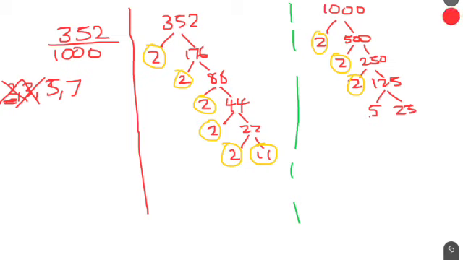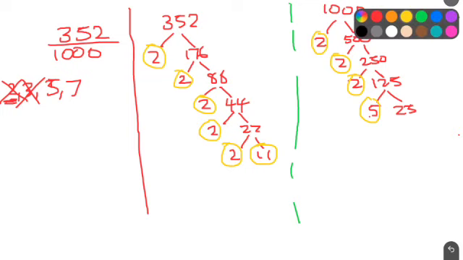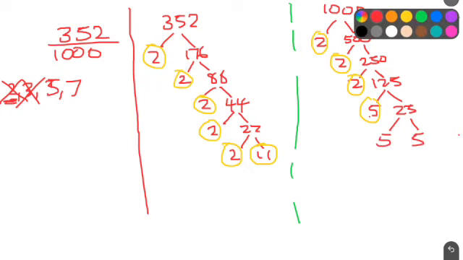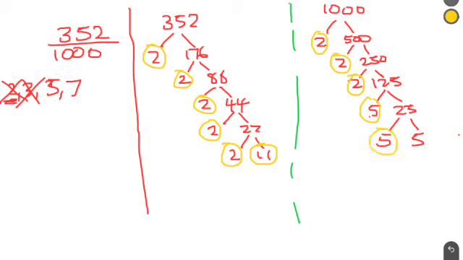This is a prime number. 25 is not a prime number, so we can continue on. 5 times 5. And we see here that we have both prime numbers at the end of our tree, so we can stop.